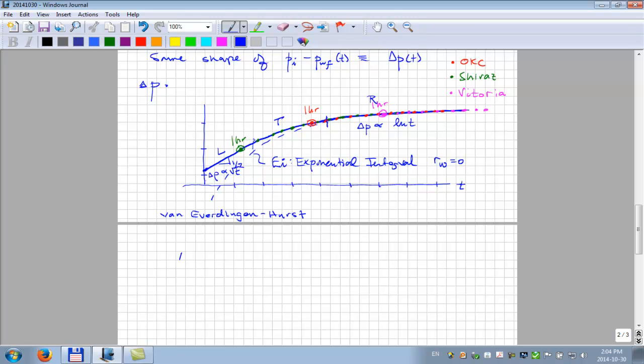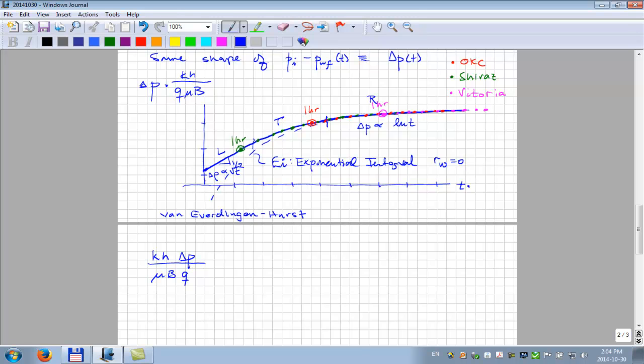We plot delta P times KH over mu B and rate. So I take my rate, my mu, my B, my KH, and I convert the delta P's into this quantity here, times KH over Q mu B. You do the same. You've got your own rates, I don't care what they are, mu B and so forth. And the lady in the back, she does the same.